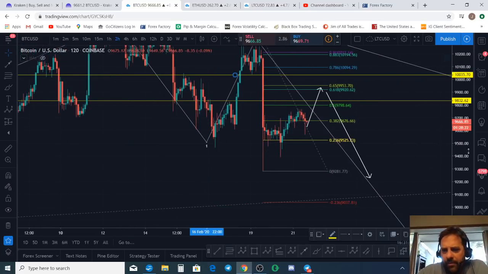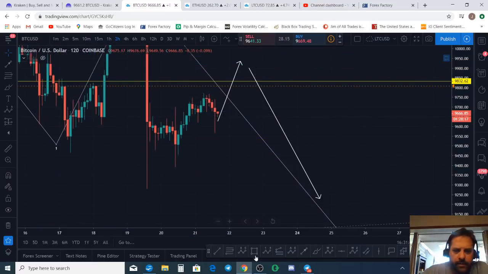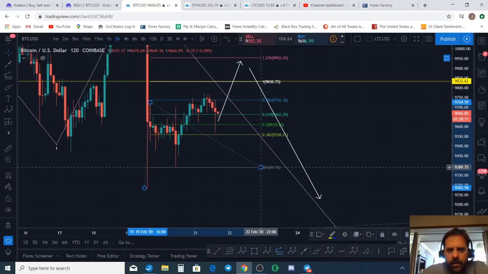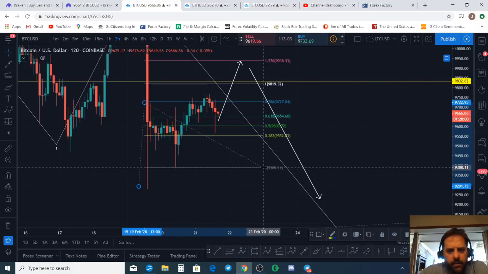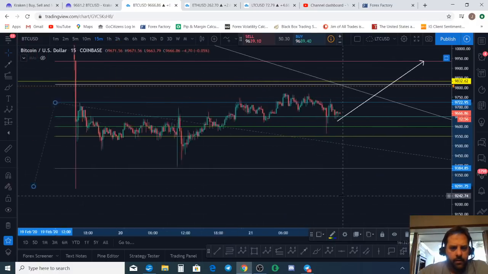Now, if I throw the extension fibs on this move already, you can see we've already... I had the fibs on it earlier and had the 1-to-1.